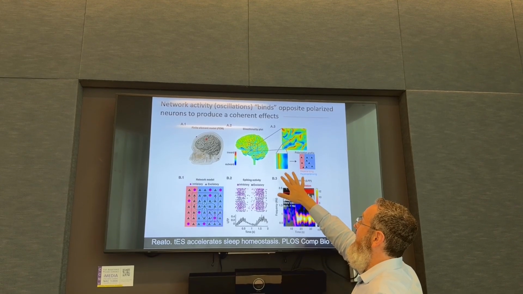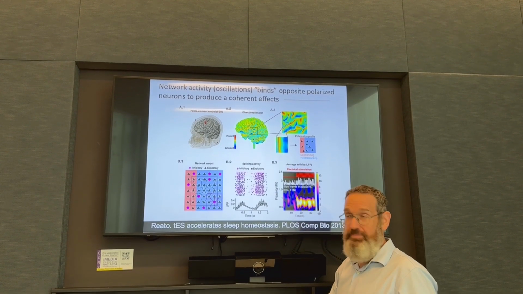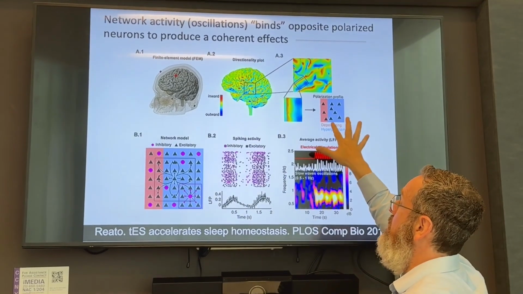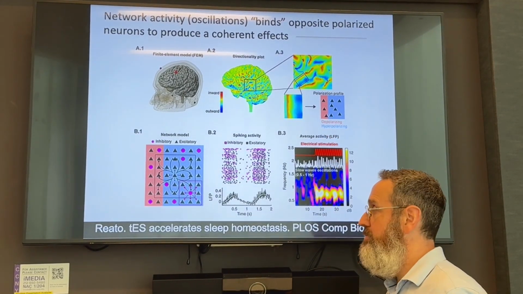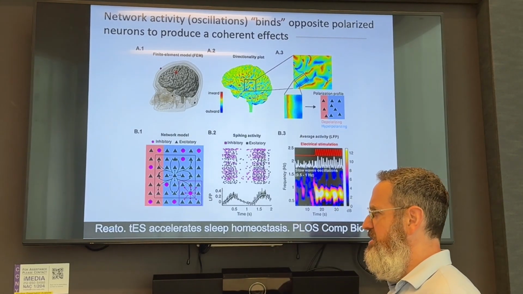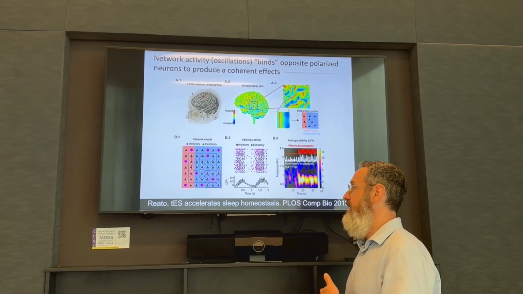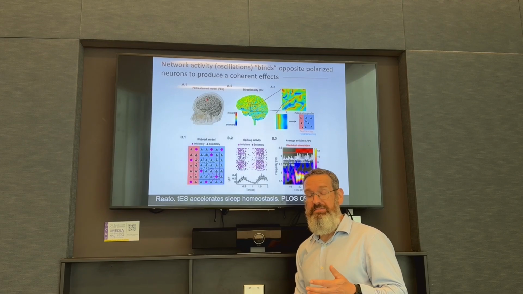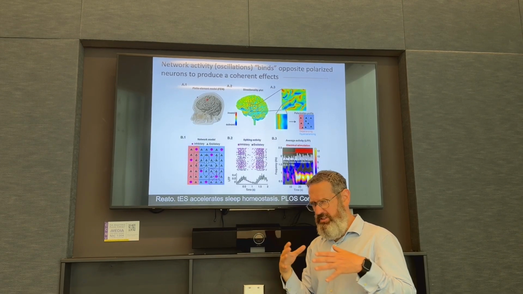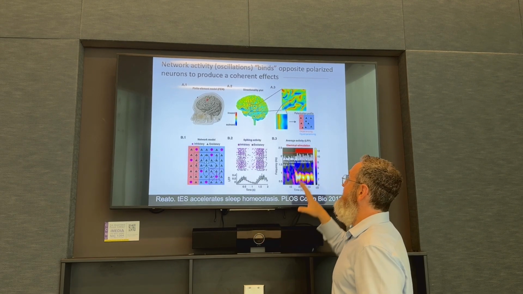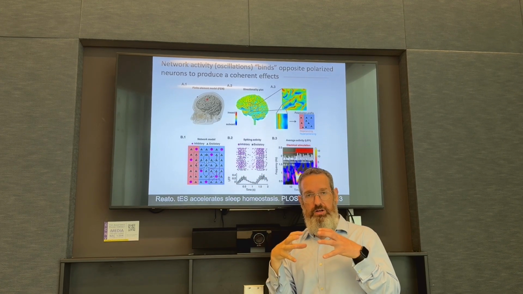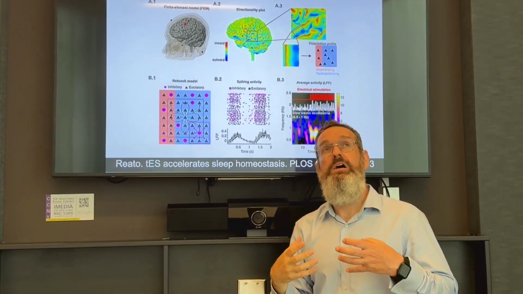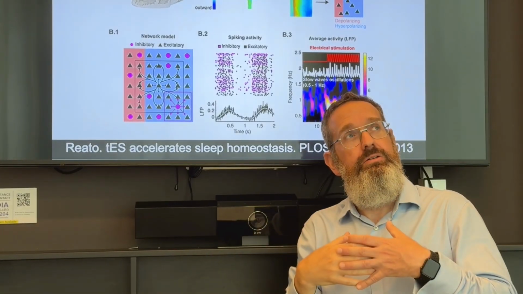And so because of that, it's not an even split. There's a disproportionate amount being polarized one way or the other. What we showed in this paper, which in this case was specifically interested in how stimulation might affect sleep oscillations, but the concept is very general, is that these neurons are not isolated, but they're tightly coupled to one another. This is where oscillations come from, meaning they work as a population.